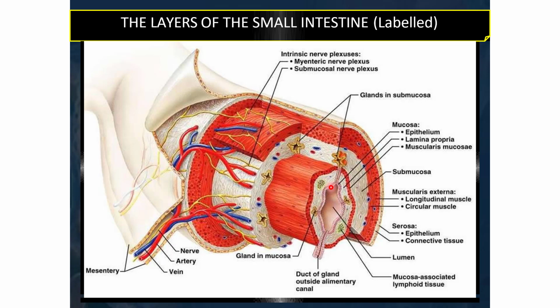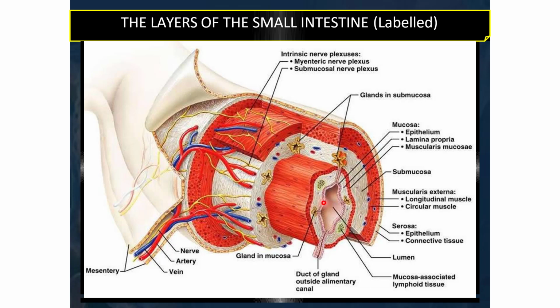So the lining epithelium along with the lamina propria and the muscularis mucosae, these three layers combined are called the mucosa of the intestine or of that particular luminal organ.